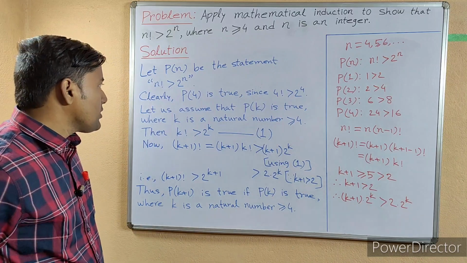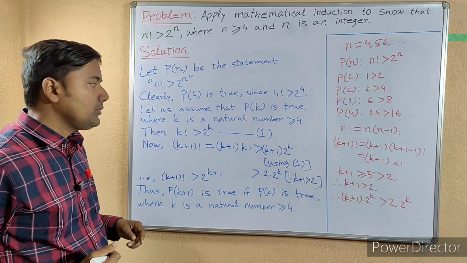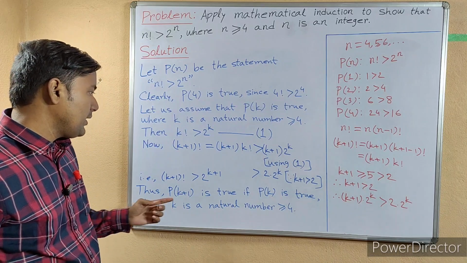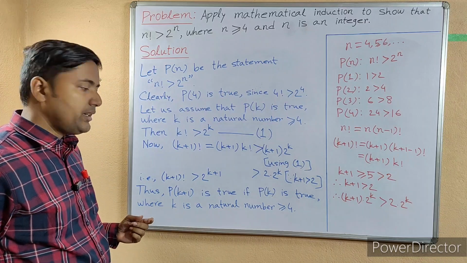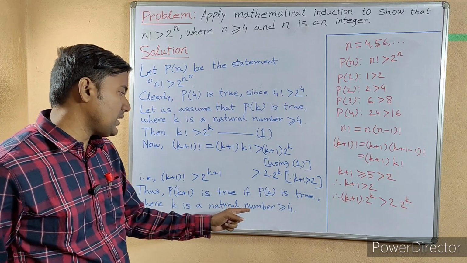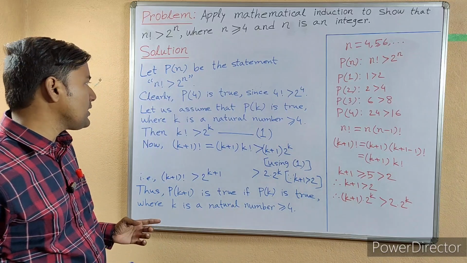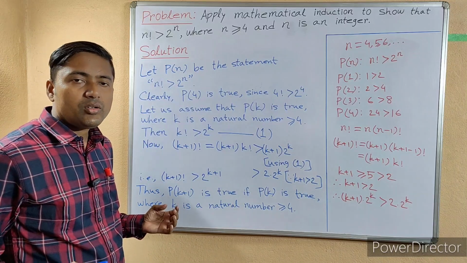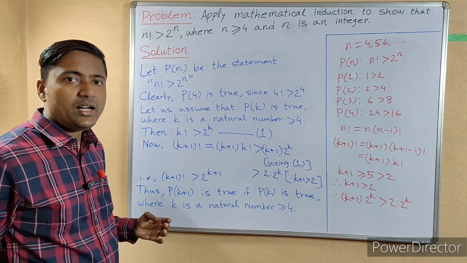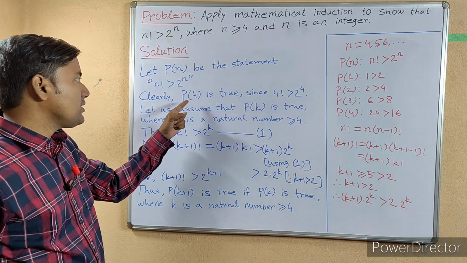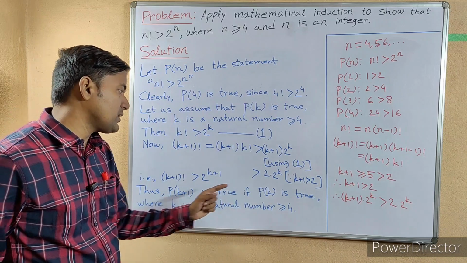Okay, so we have shown that P4 is true and Pk is true implies Pk plus 1 is true, where k is a natural number greater equal to 4. Clearly, the two conditions of the corollary of the second form of the principle of mathematical induction are satisfied. This is the first condition and this is the second condition.